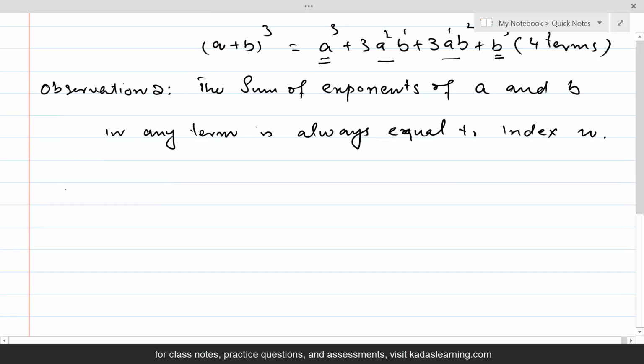And for observation number 3, this is a very interesting observation.